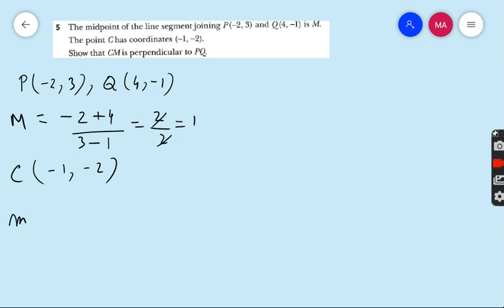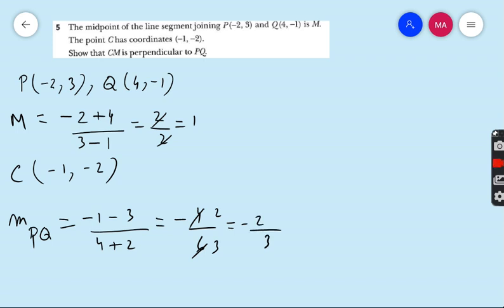First we have to find the gradient of PQ. y2 minus y1 upon x2 minus x1. 4 plus 2 is 6, minus 2 upon 3. Now we will find the gradient of CM. C is -1, -2.